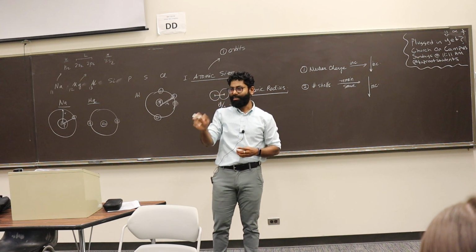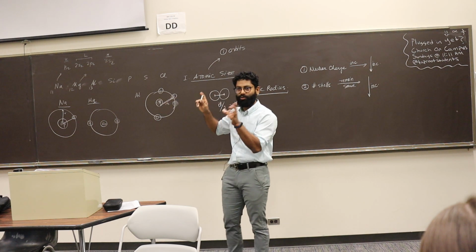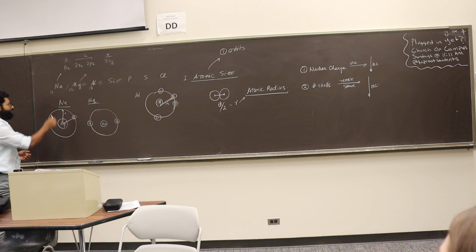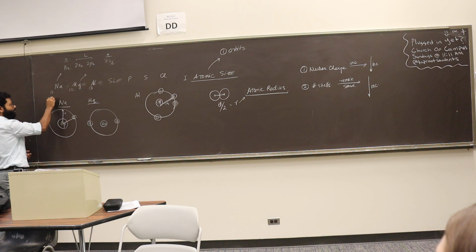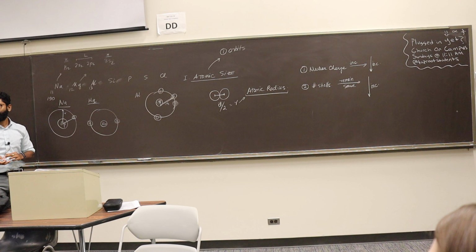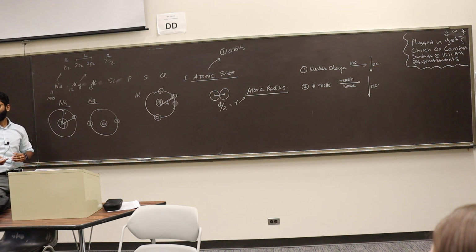But did anyone find an actual number? Okay, can we get some numbers? Sodium is 190. 190 what? It's just the radius. And units? Nanometers, isn't it? I believe it's nanometers.